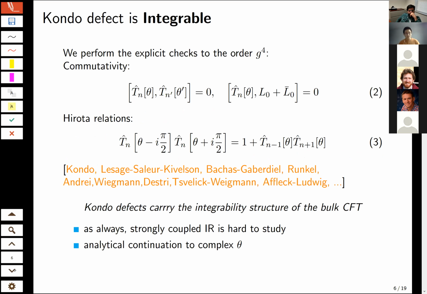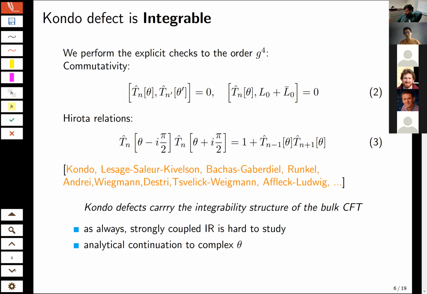Moreover, this Kondo defect is believed to be integrable in the sense that the following relations are satisfied. For example, different Kondo defects will commute with each other. And there are also fusion relations, often referred to as Hirota relations. We checked these relations as operators up to order g to the 4, and they are satisfied.